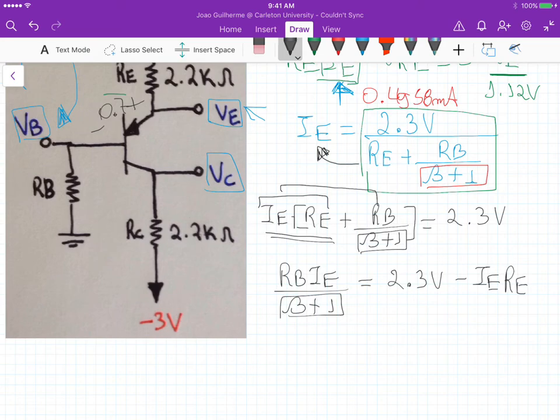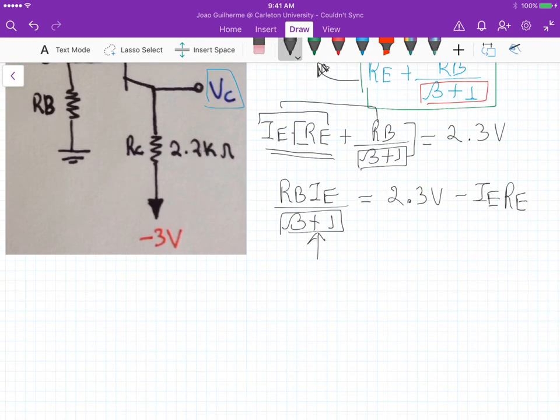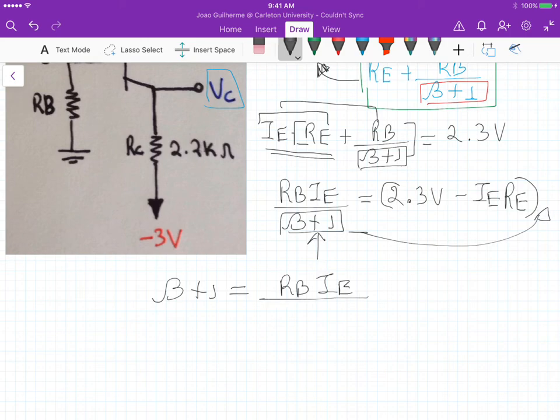And now we can actually isolate beta plus 1. So if we put this one here, multiplying this entire thing, and then we take this 2.3 minus IE RE divided by IE, we get beta plus 1 equal to RB times IE divided by 2.3 minus IE RE.